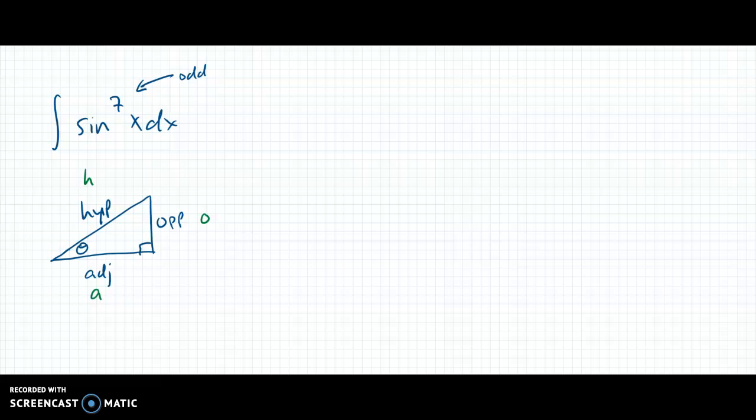We can use the Pythagorean theorem to say O squared plus A squared is H squared. It's just a squared plus b squared is c squared, but applied to this right triangle with the trig pieces.